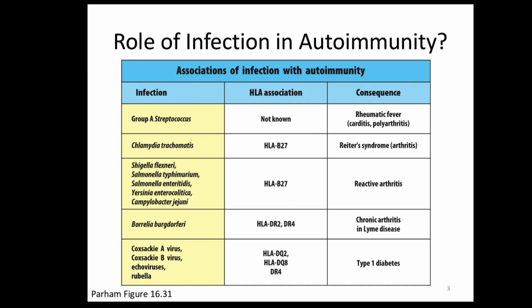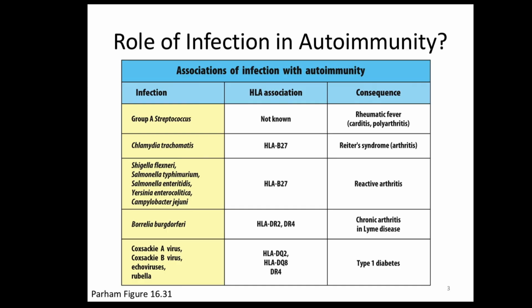One reason is that sometimes there needs to be a particular microbe in a person who has a particular HLA type. So it's really hard to say, does Borrelia always cause arthritis or not? It seems like it does in some people and not in other people, and unless you happen to do HLA typing, you don't figure it out. You just think, this is random and weird and I can't figure out what's going on.